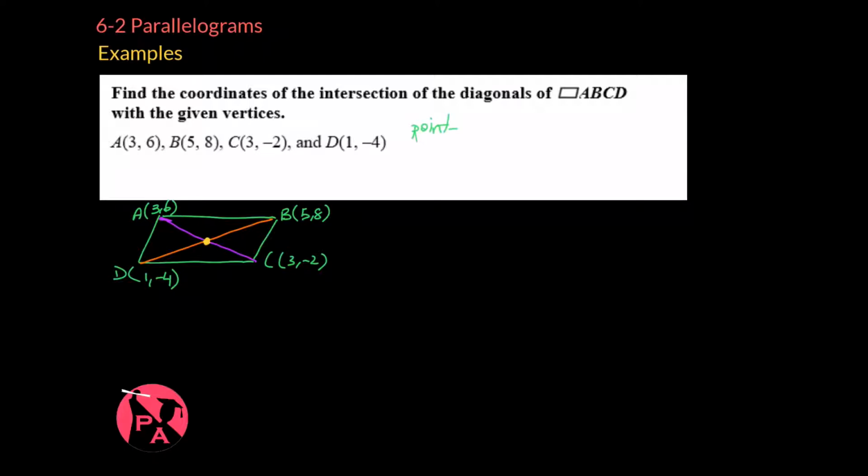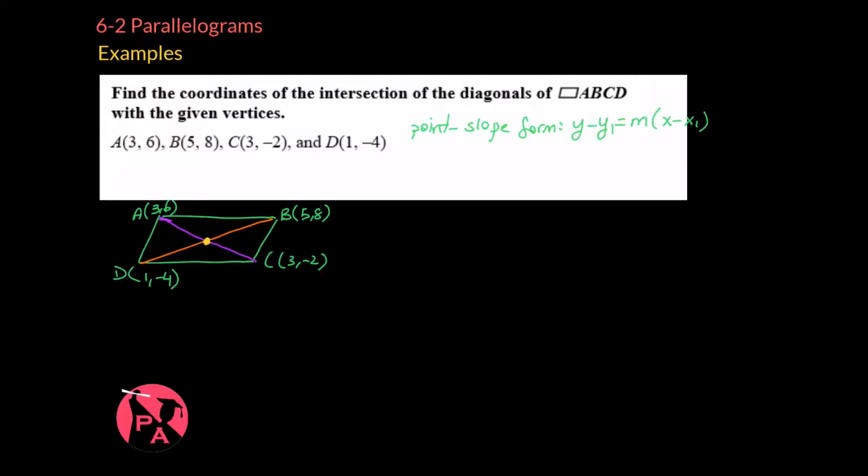Point slope form is y minus y1 equals m times x minus x1, where m is the slope, x is the variable, x1 is the x coordinate of the point. And on the left hand side, y is a variable, y1 is y coordinate of a point on the line.